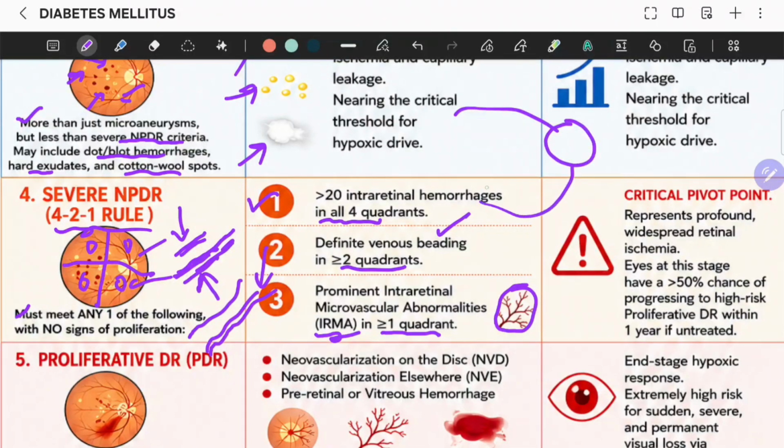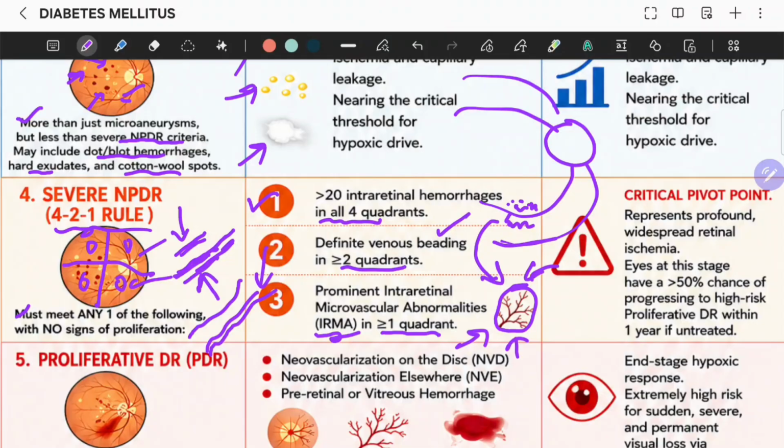In severe NPDR, you will have very thin collateral vessels like this, leaf tree like it is shown here. These are known as intraretinal microvascular abnormalities, IRMA. At least in 1 quadrant IRMA should be present.